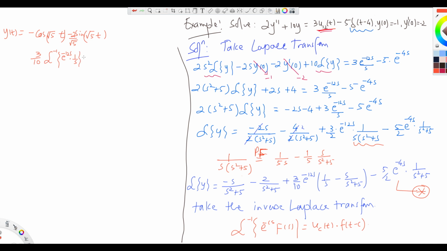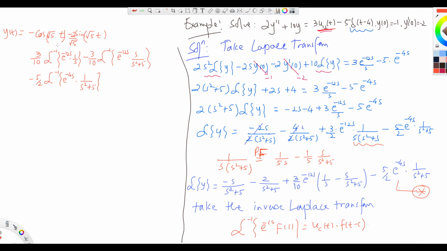And then minus 3 over 10 again, the inverse Laplace transform of e to the negative 12s times s over s squared plus 5. And the last one is minus 5/2 and then the inverse Laplace transform of e to the negative 4s times 1 over s squared plus 5. You see that? This is what you get.